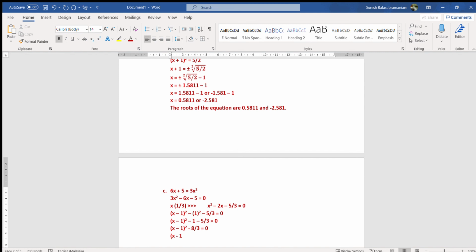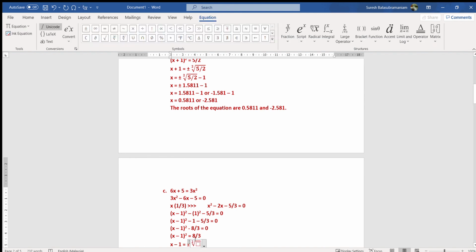(x minus 1) square equals 8 over 3. Okay, bring the square to the right-hand side, you'll get square root. So x minus 1 equals plus minus, I'll insert the square root, 8 over 3.